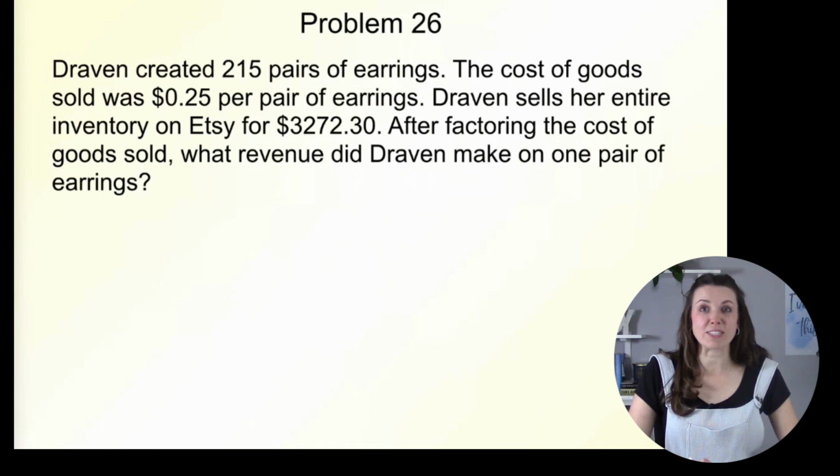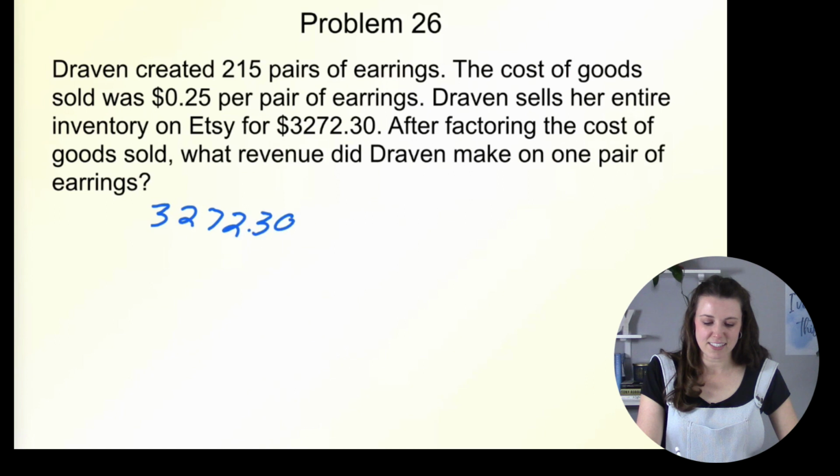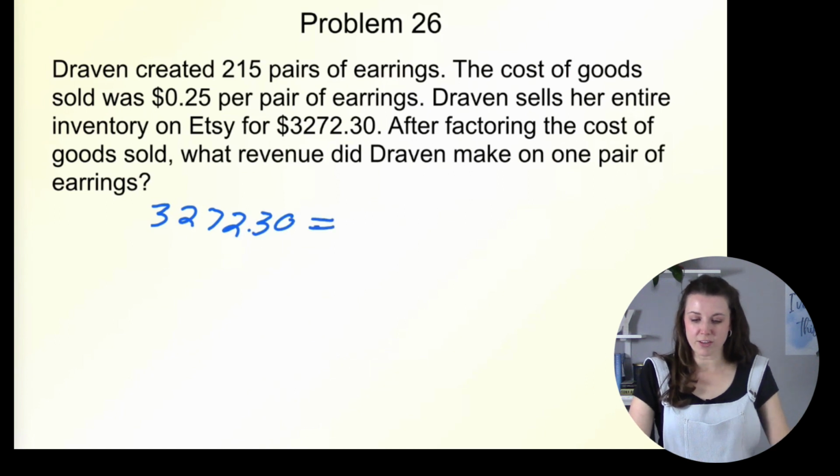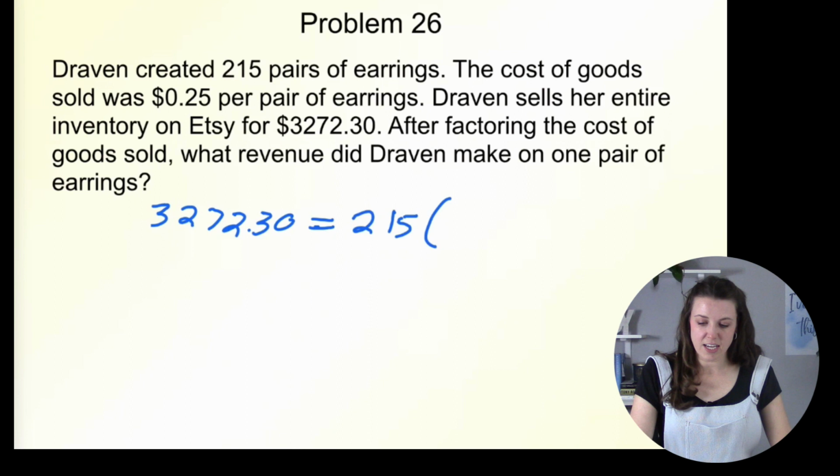Okay, so this is a multi-step problem. So we have our $3,272.30. And we need to figure out what the cost was, right? So we're going to say 215 times 25 cents, plus how much she made.